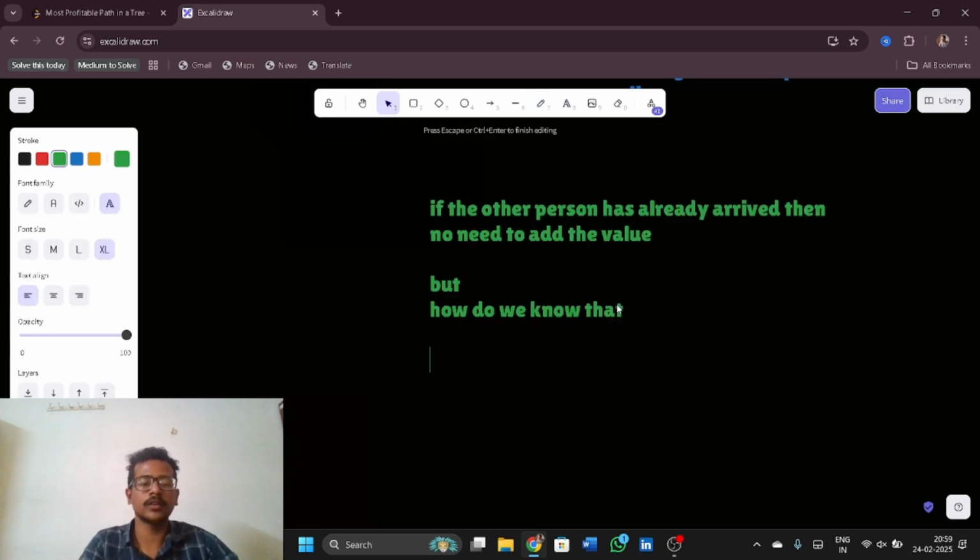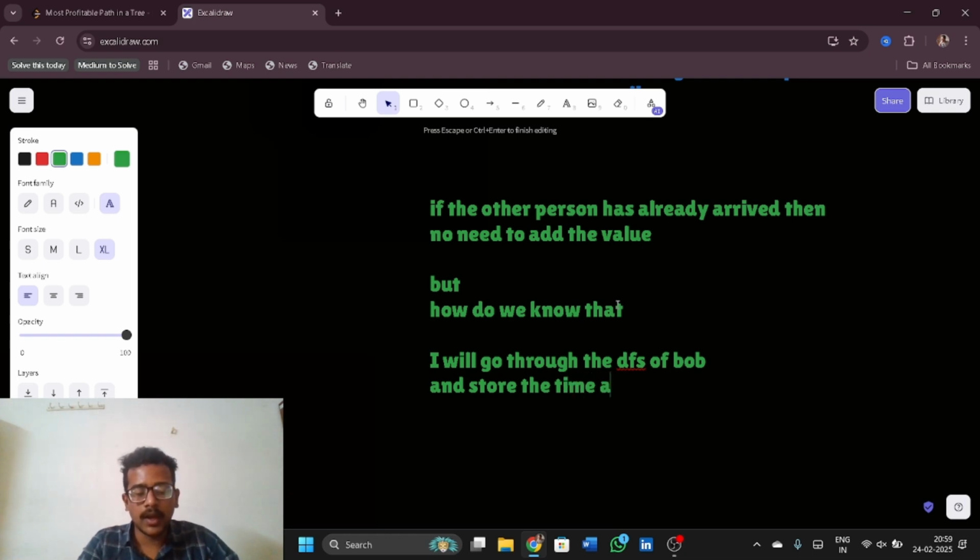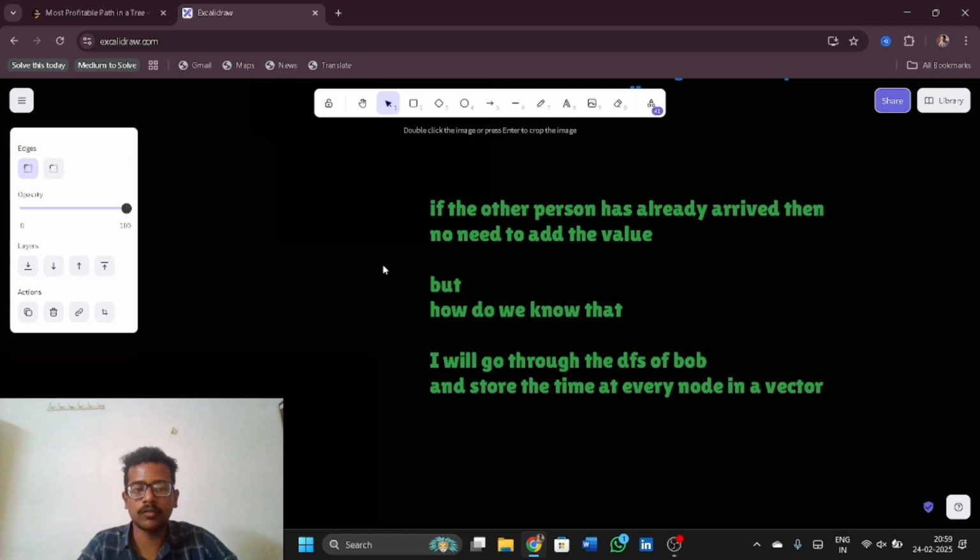For this question, I will go through the DFS of Bob and store the time at every node in a vector. So this is how I store the values.